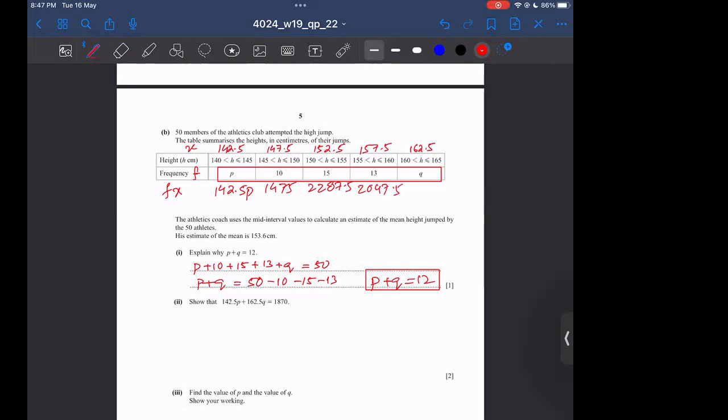And 162.5 times Q is going to be 162.5 Q.